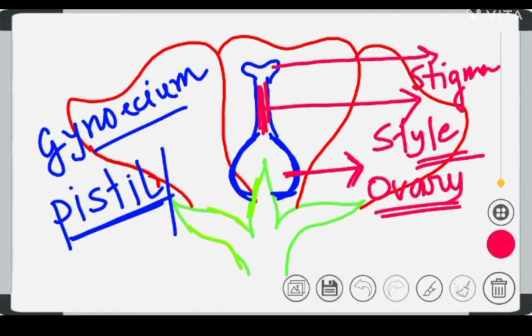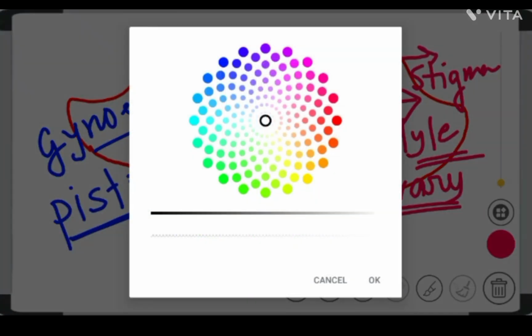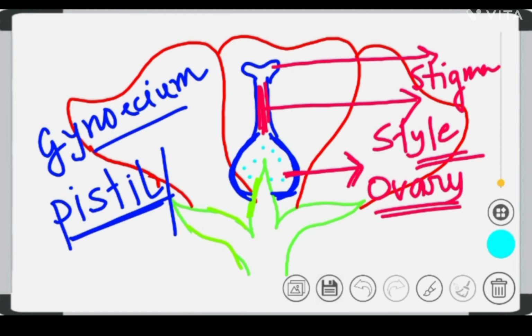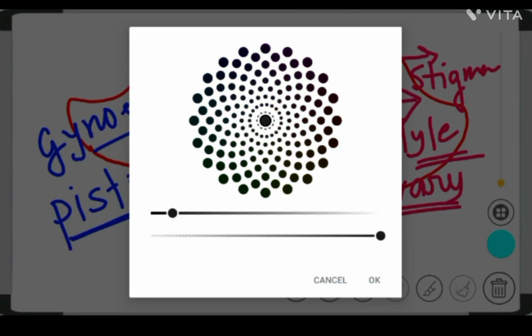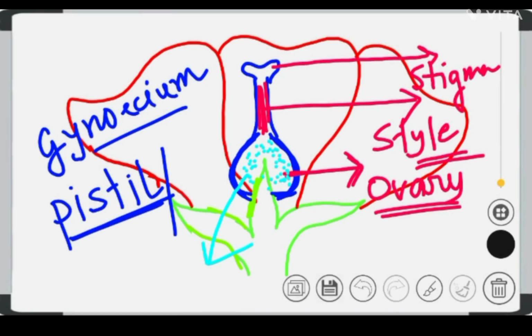I just said the anther contains the pollen grain. Now can you imagine which things are inside the ovary? Inside the ovary, many granule-like structures are there. If you cross-section the flower, you will get many teeny particles which are known as the ovules.